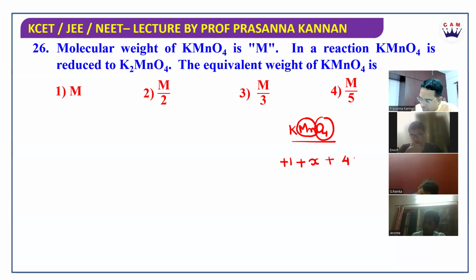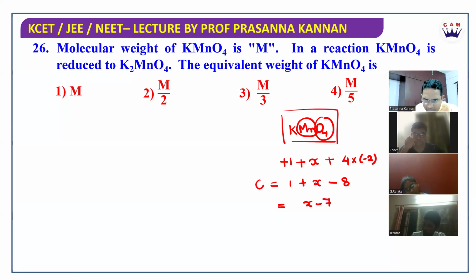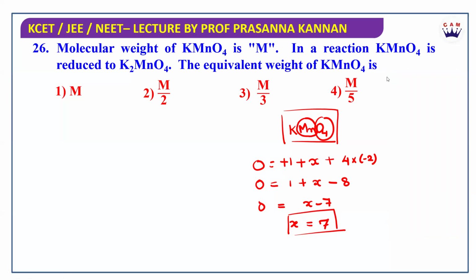So 4 atoms are 4 into -2. So 1 plus X, I think you've done this in redox reactions, right? 4 into 2, 8. So X minus 7. And overall this is neutral, therefore equated to 0. So can you tell me the charge on manganese? +7, correct? Now, unmute now, tell me for K2MnO4, MnO4.